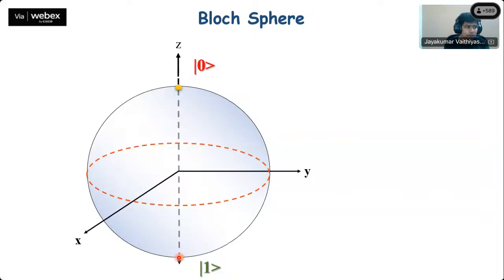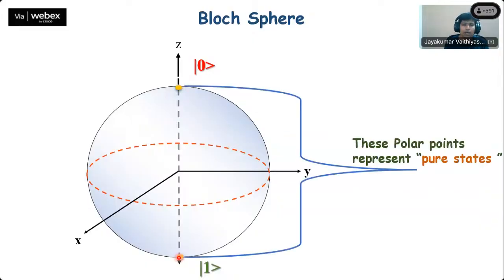Black and white, positive phase, negative phase. Whatever has opposite polarity, opposite kind of information, you can represent with the help of a binary system. Present or absent, male or female, likewise. And these two points are called pure states.